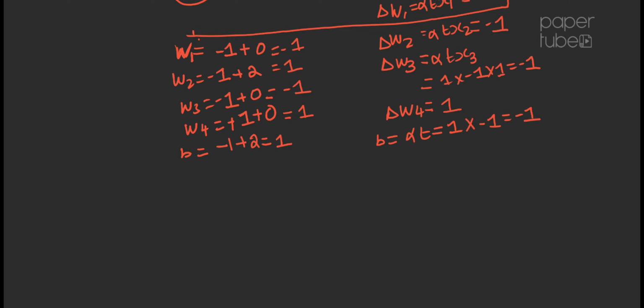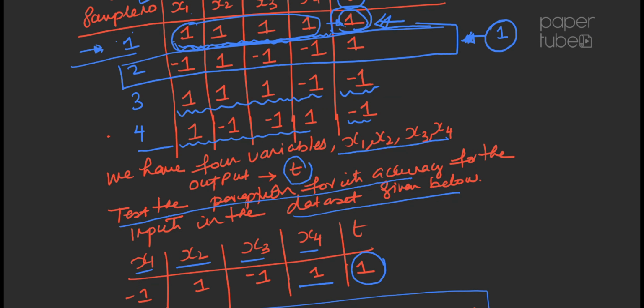So you have to take the next input and then solve the perceptron using the weight and bias that you calculated right now. So let's take sample 4. If you go back to the main problem, you have sample 4 here.